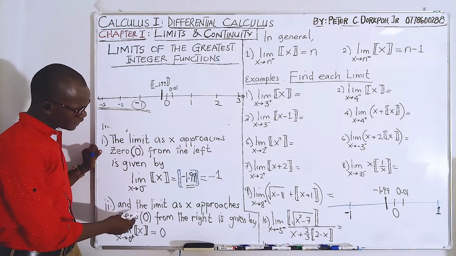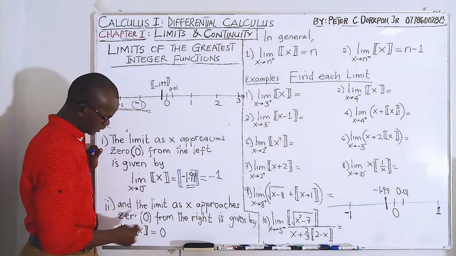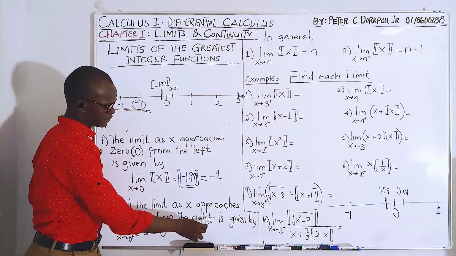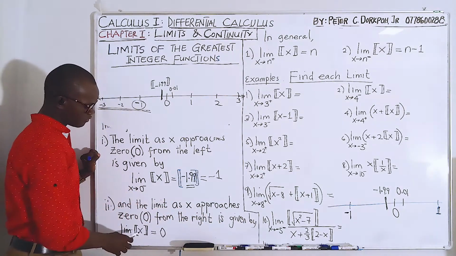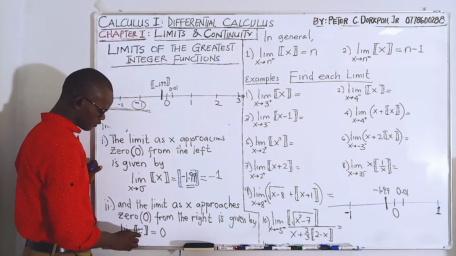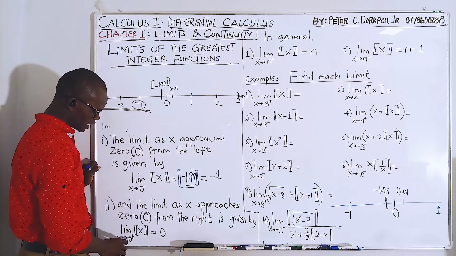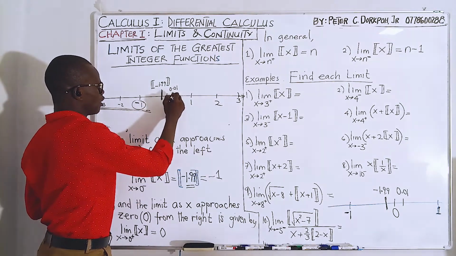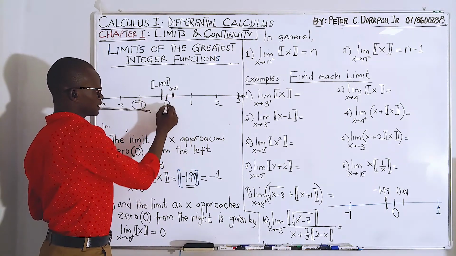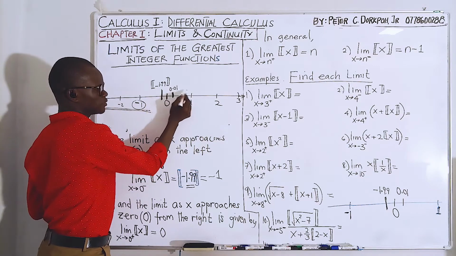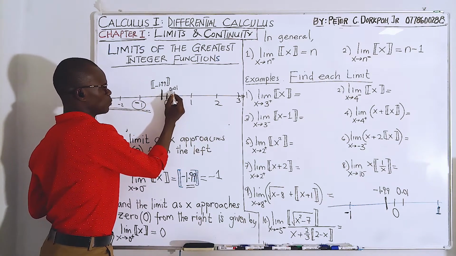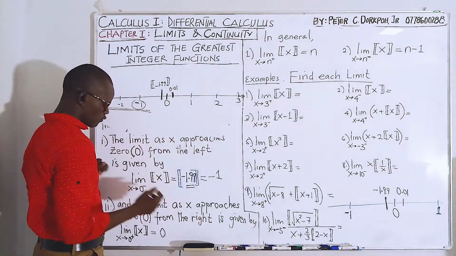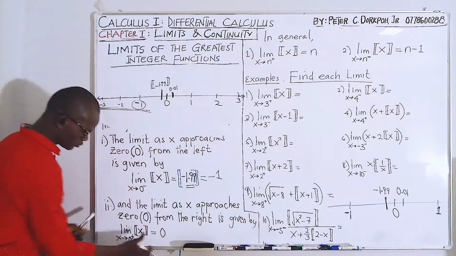What if you have the limit as x approaches 0 from the right, given by the limit of the greatest integer function of x as x approaches 0 from the right-hand side? Let's assume we have a value approaching 0 from the right-hand side, which could be 0.01.